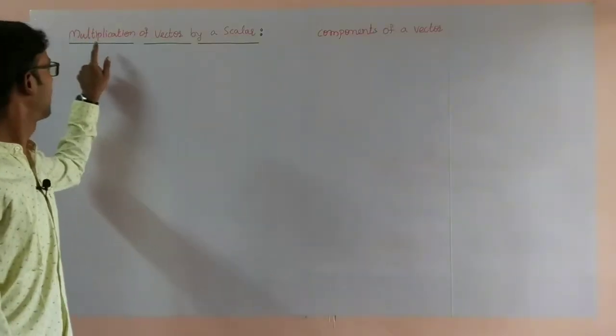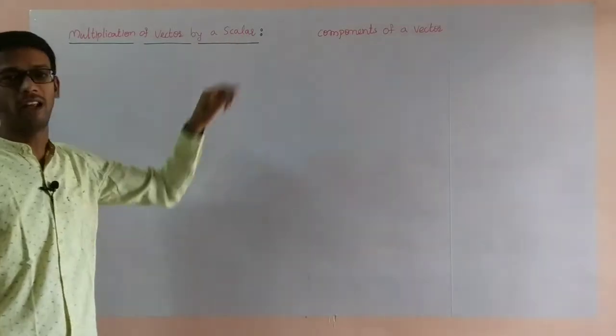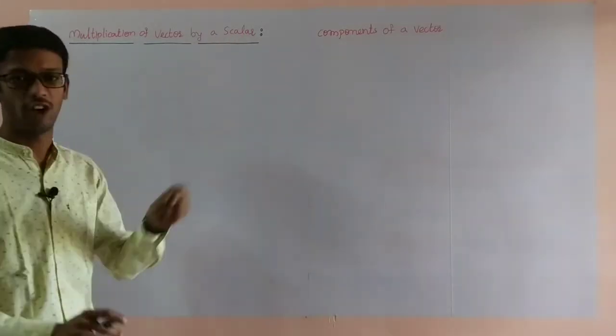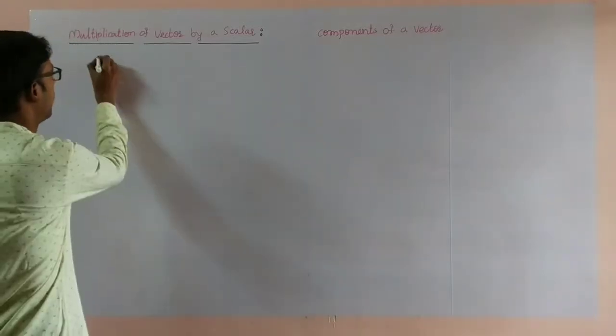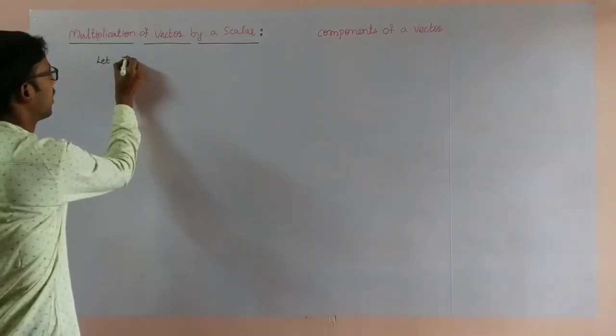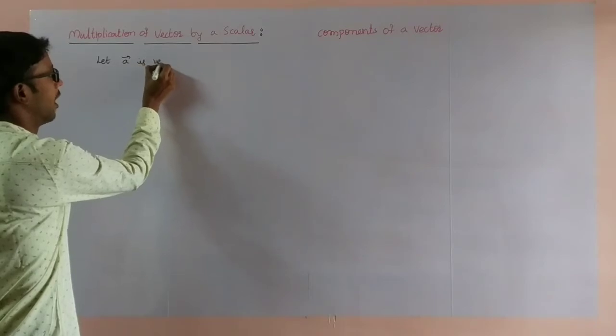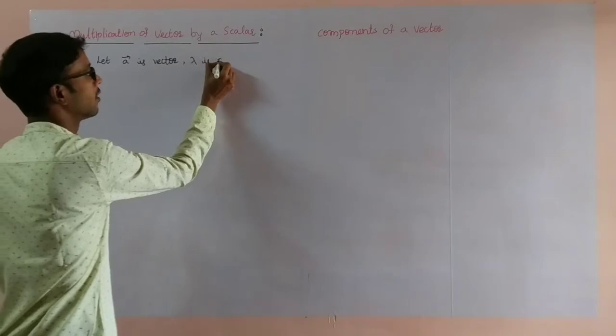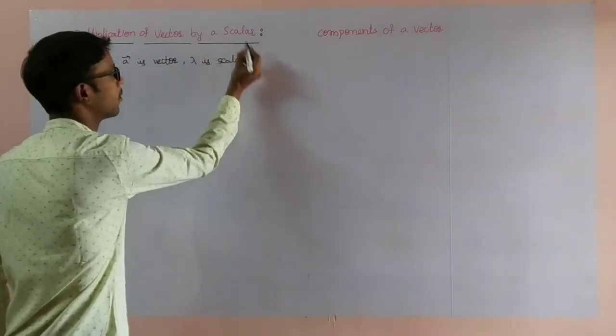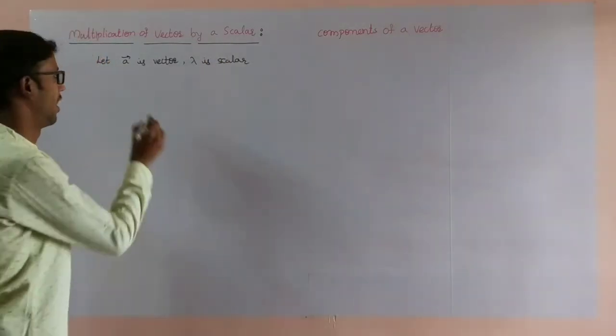Next, multiplication of a vector by a scalar. Let A bar be a vector and lambda a scalar.